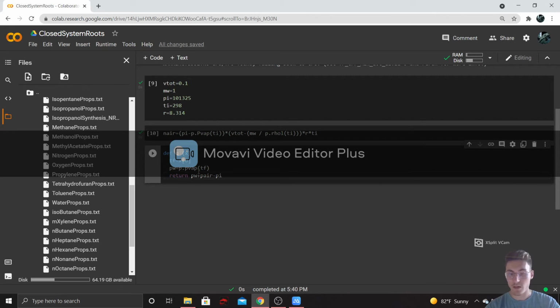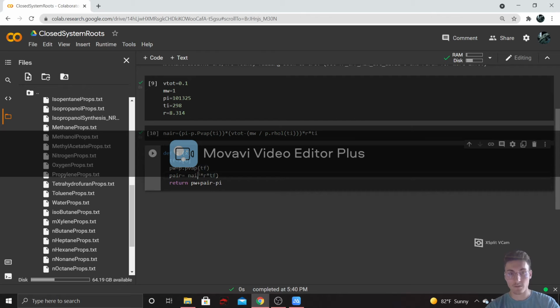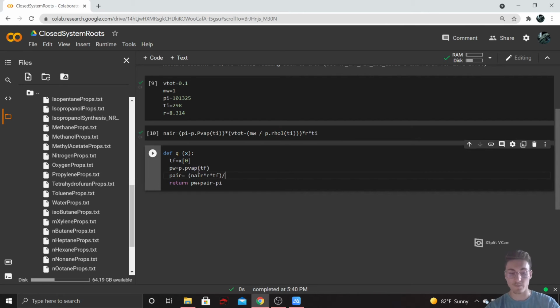So that's that, and then go back up, and now we want the partial pressure of air. The partial pressure of air is going to be the number of moles of air that we found times R times the final temperature, and all of that, just put in parentheses for good measure, divided by the volume of air, or the volume in the vapor phase.